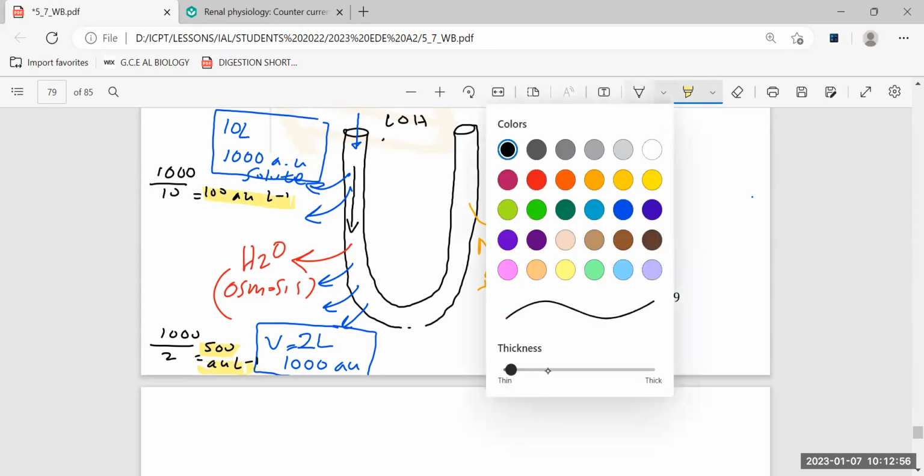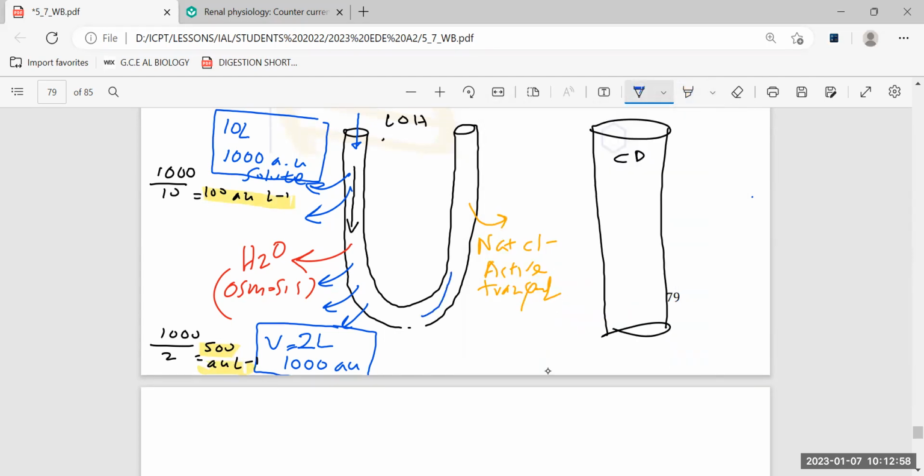So when it is moving upward now, the solute is further moving out. The solute is moving out, right? So when solute is moving out, maybe when it comes to here, it was 1000 here, and it was 1000 here.